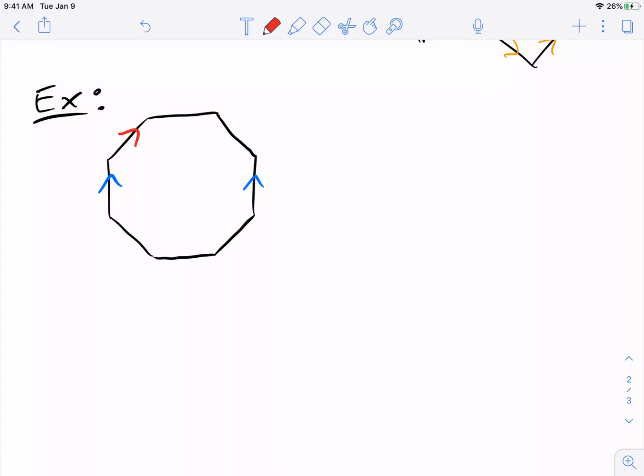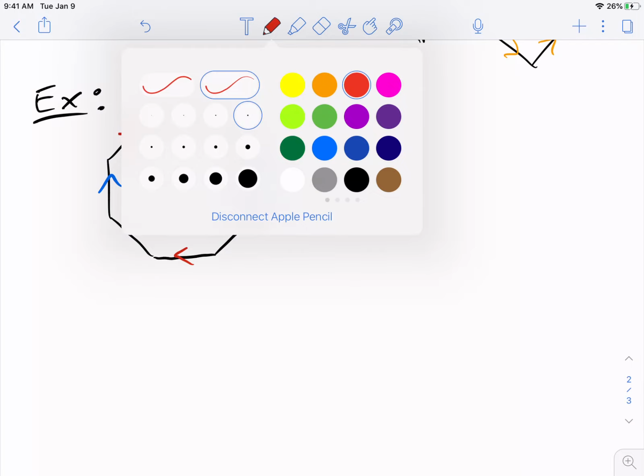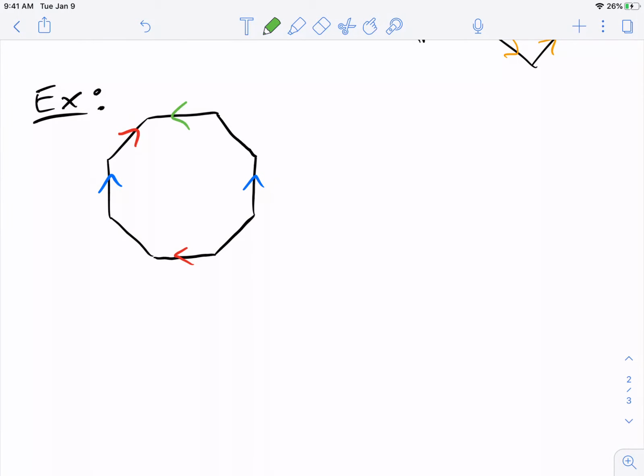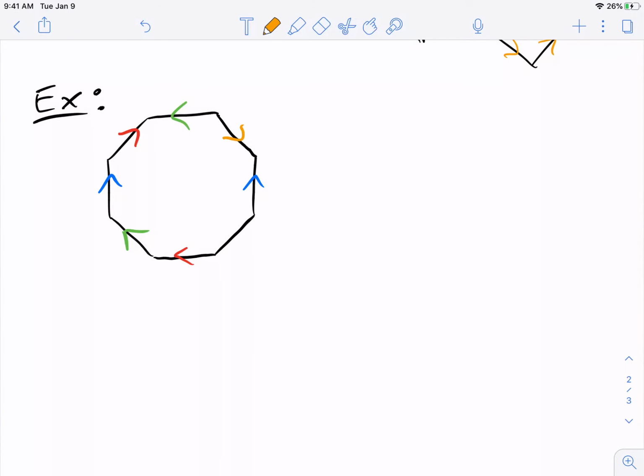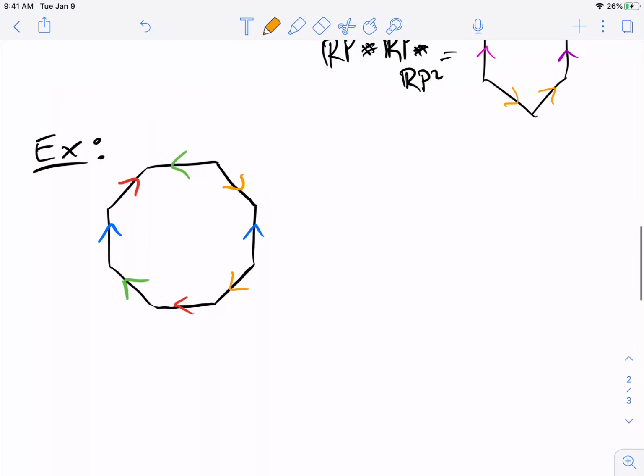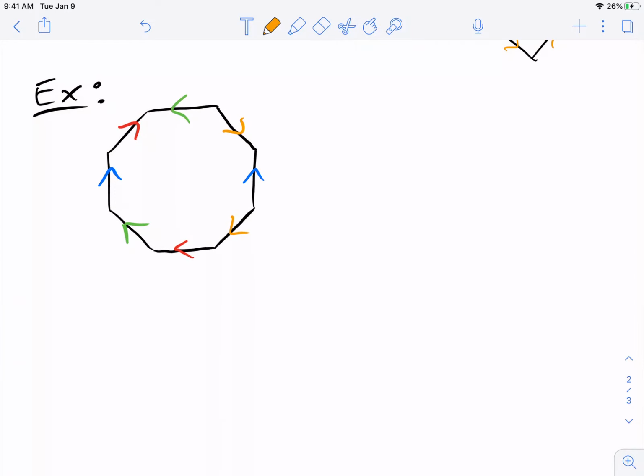So let's see here. So I just chose this kind of randomly, but an octagon is kind of almost the limit of what I would want to do by hand. Okay. So here is just this random polygon with edge identifications. How are we going to figure out what surface it's topologically equivalent to from our classification?